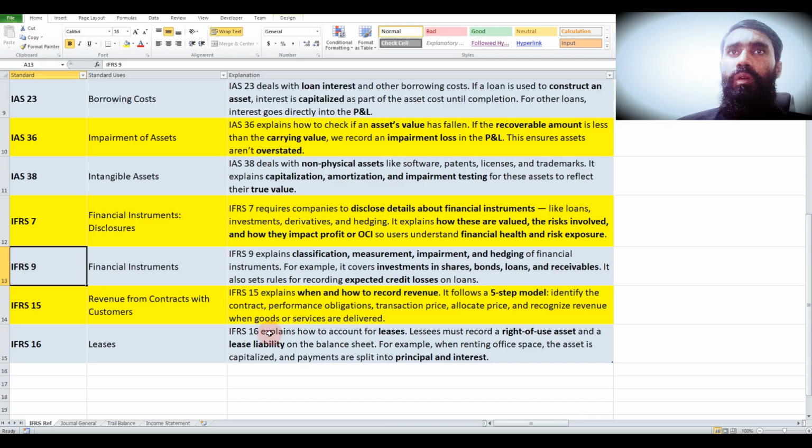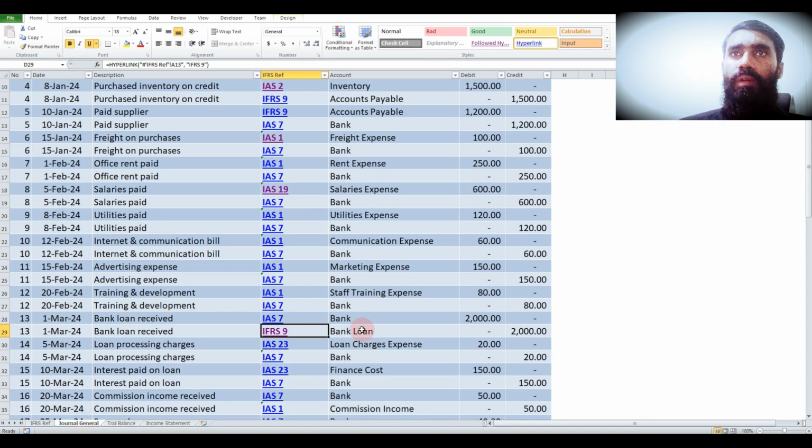Now the loan under IFRS 9, financial instruments, classification, measurement, impairment, and hedging of financial instruments. For example, it covers investment in shares, bonds, loans, and receivables. It also sets rules for recording expected credit losses on loans.